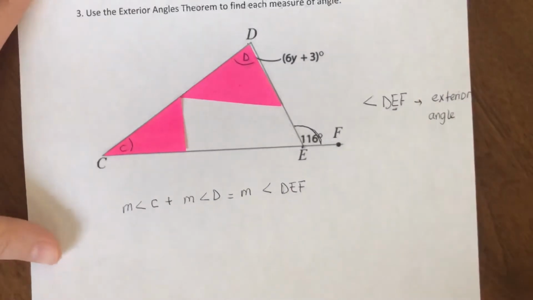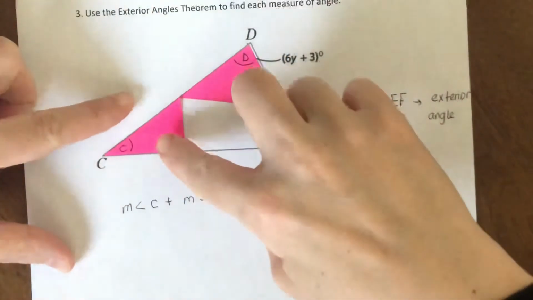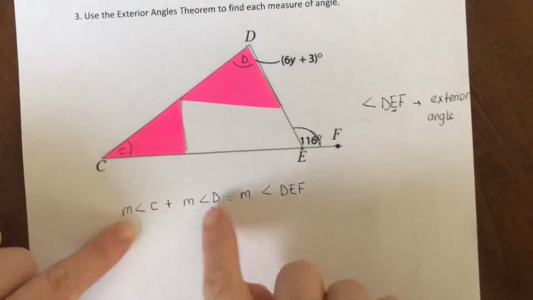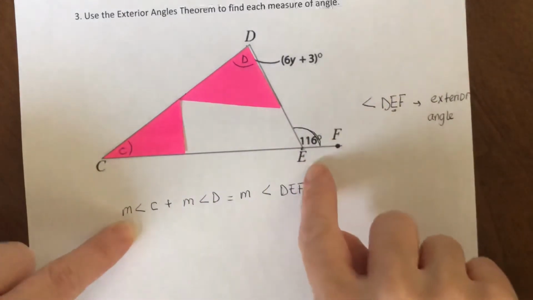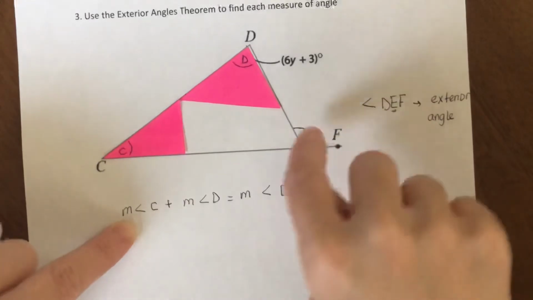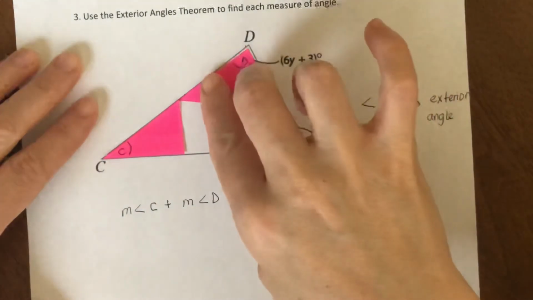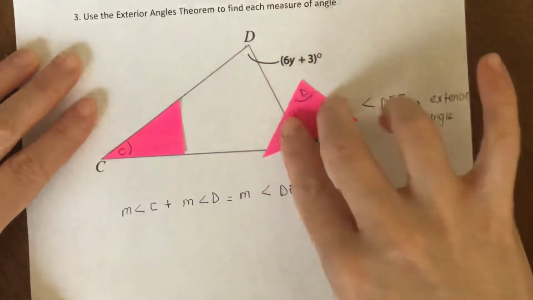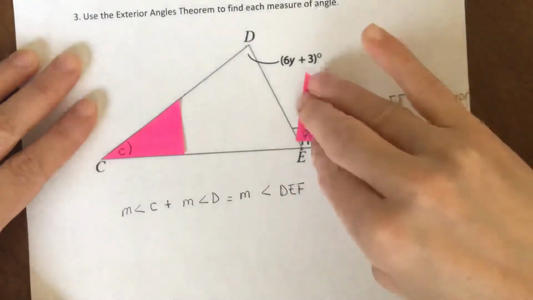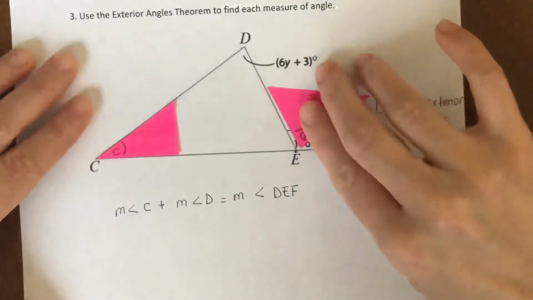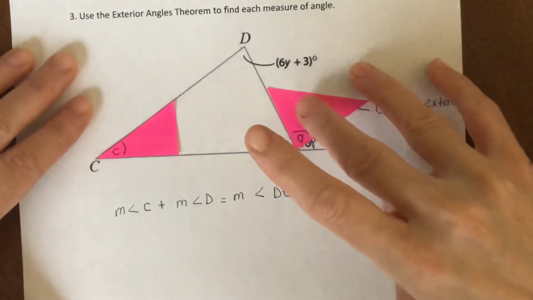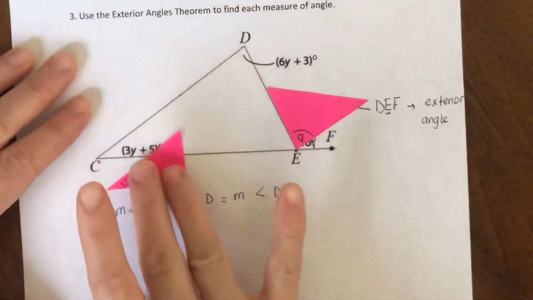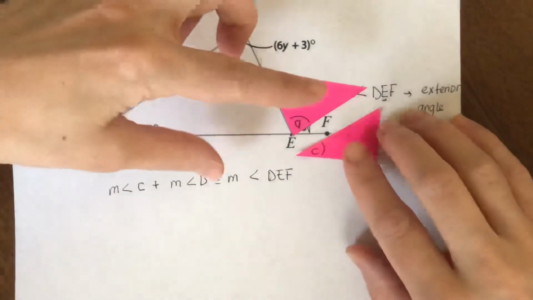Okay, so let's check if the sum of the measure of angle C and angle D equals this exterior angle. I'm just moving them. So angle D is here, right? Okay. And angle C is here.